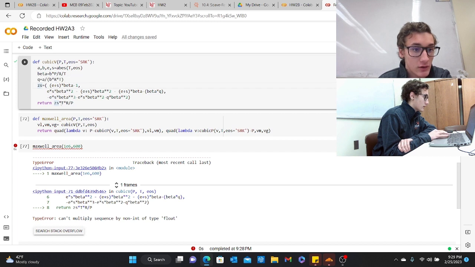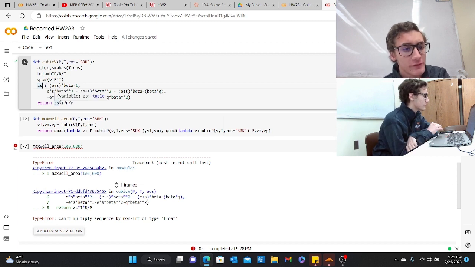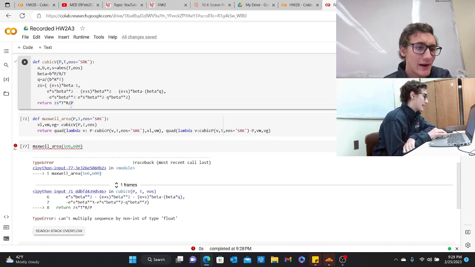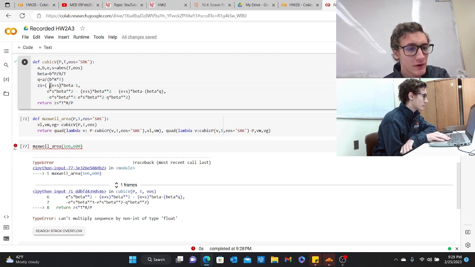So 2pi. Maybe because it's multiple different factors, but I don't feel like that should be an issue. 2pi, number. Should this be an array?